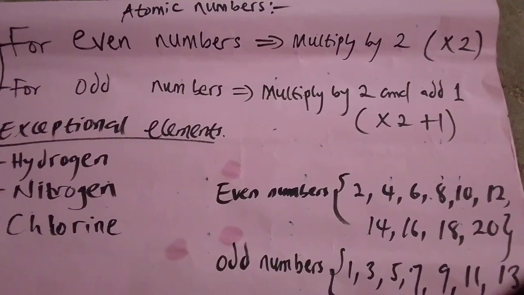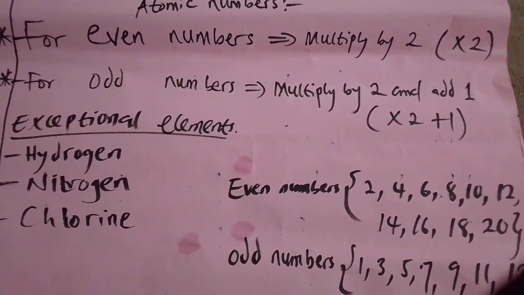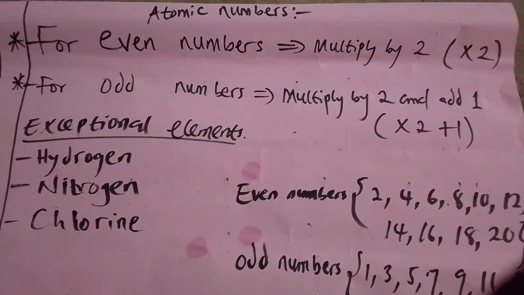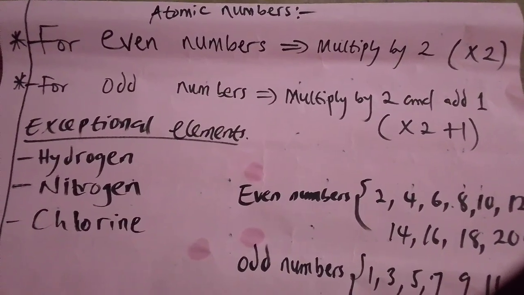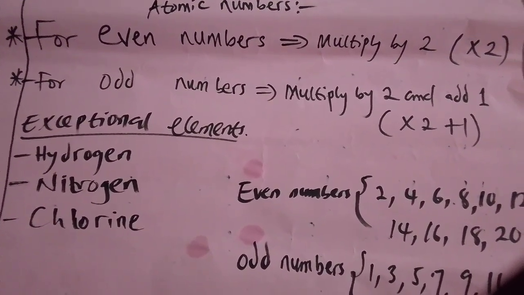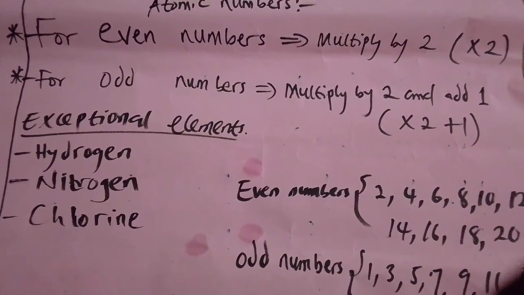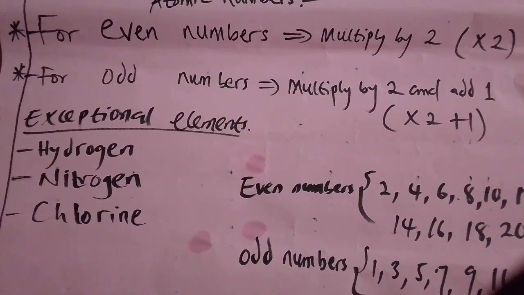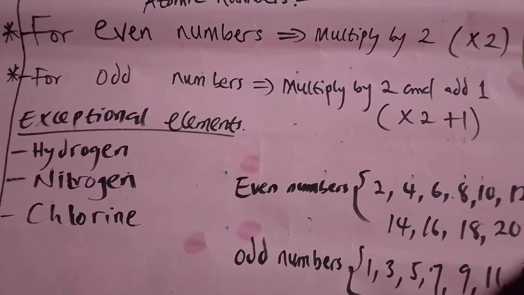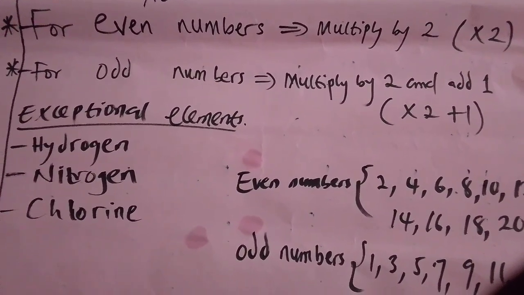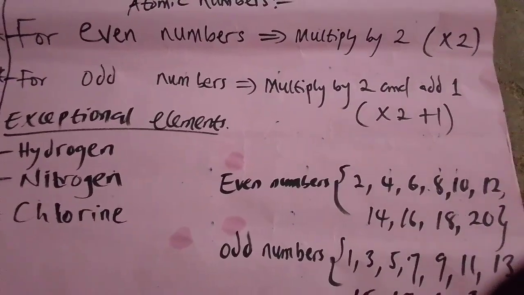So today, in today's class, we are going to see how to write the mass number of each element from number 1 element to number 20 element. And from this video, the next video will be the mass number after Latin name. It should be the mass number of the first 30 elements in the periodic table.